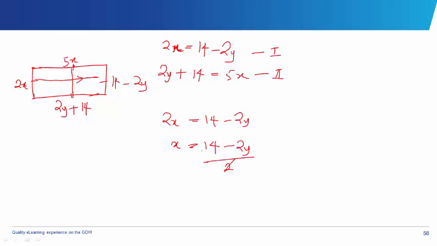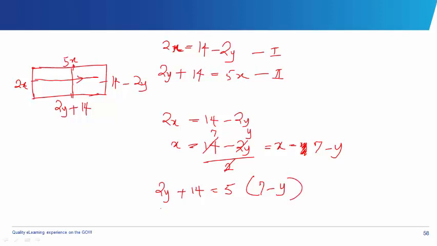So 2 will cancel this 7, 2 will cancel this y. So x will be equal to 7 minus y. So if x equals 7 minus y, I can now substitute in equation 2, which says 2y plus 14 equals 5x. So our x is 7 minus y.